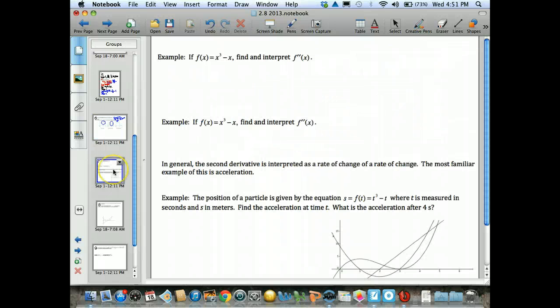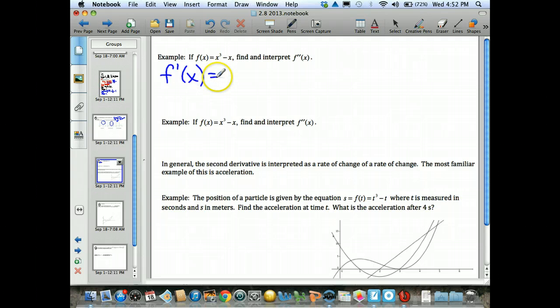All right. Now, we're going to look at higher derivatives next. So we're going to take a look at the function that we did earlier, that x cubed minus x, and look at the second derivative, f prime prime x. Okay, if you recall, a little while ago, we just did f prime of x, all right?